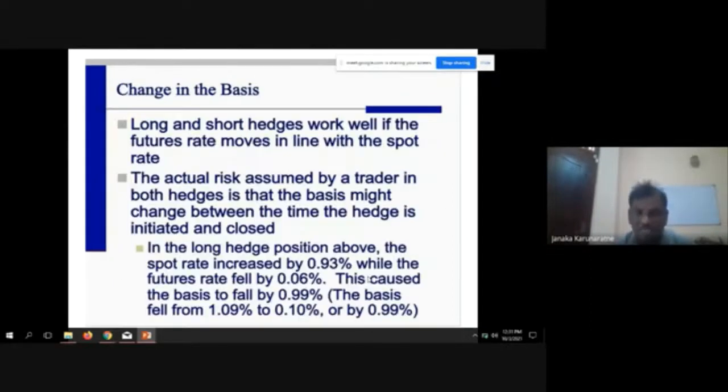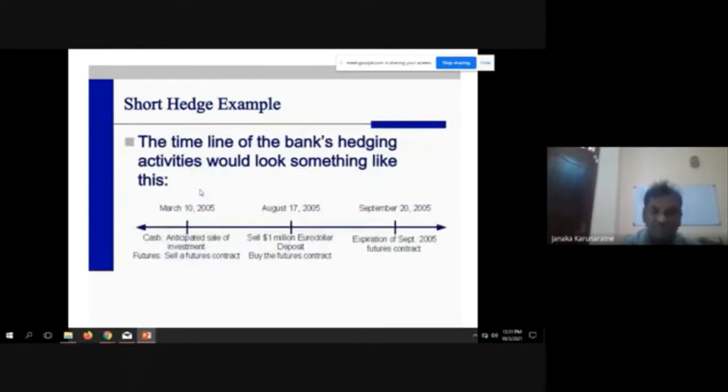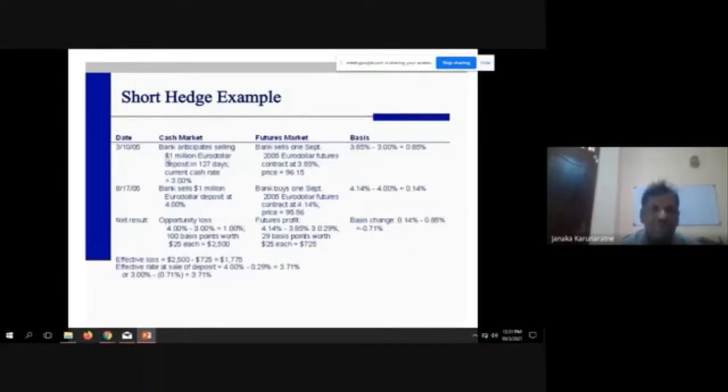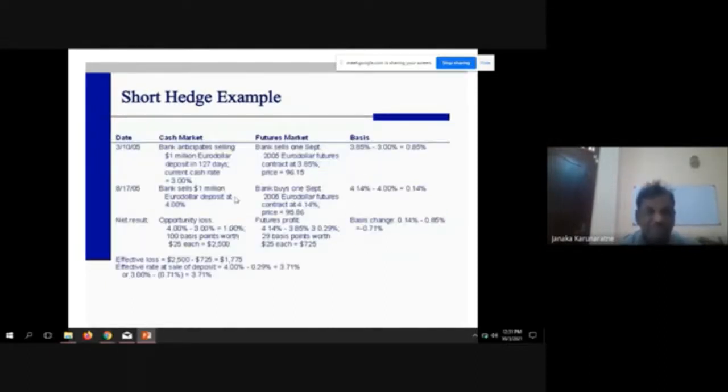So let's look at this in practice, how it happens. Now on this particular day, 3rd March 2005, the bank anticipates a 1 million euro dollar deposit in 127 days. That is on August 17th. So let's say currently euro dollar deposits are at a rate of 3%.